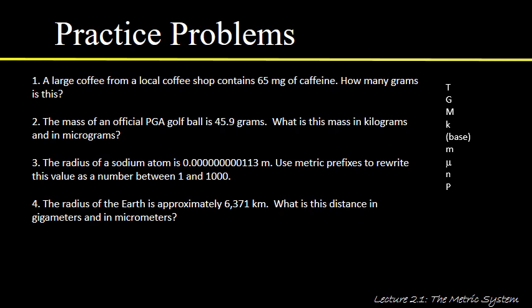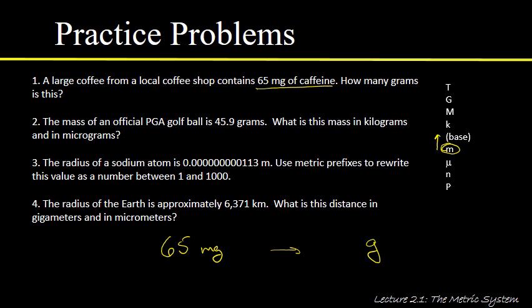All right, so let's look at the first one. It says we've got 65 milligrams of caffeine, and we want to express this in grams. Okay. So if we look at our units over here, if we're going from milligrams to grams, we're going from milli to the base unit, right?